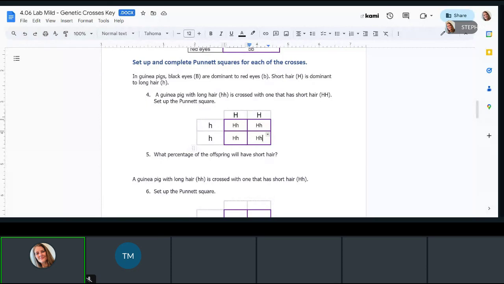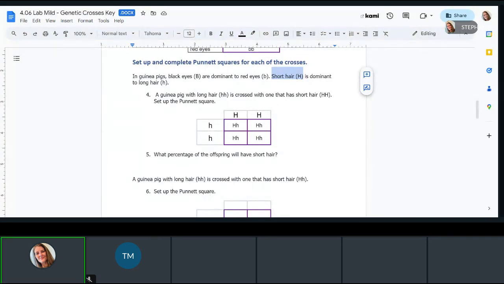So what is the percentage of offspring that'll have short hair? Remember, short hair is the dominant gene. When we're looking at this, what is happening every time because one parent has a homozygous dominant H?